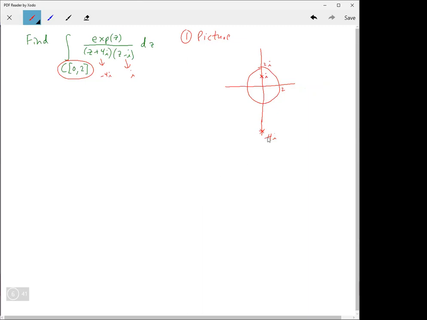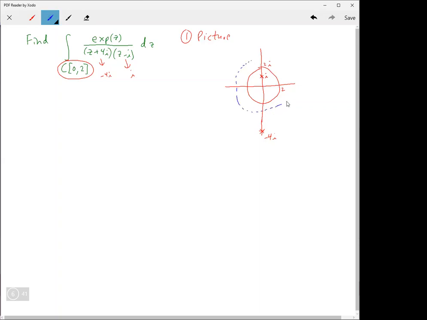So that means we don't have to worry about the negative 4i, because this piece right here doesn't affect it.